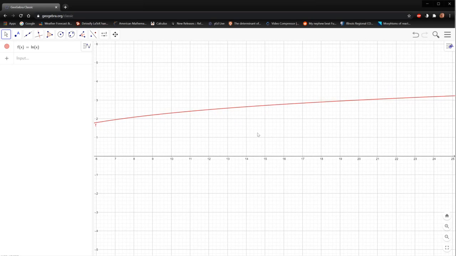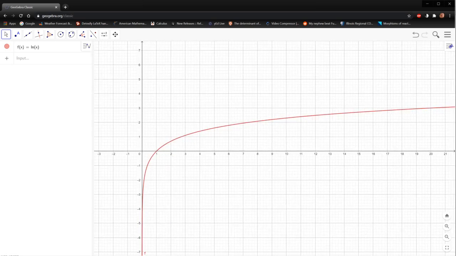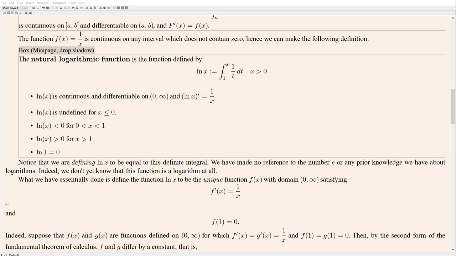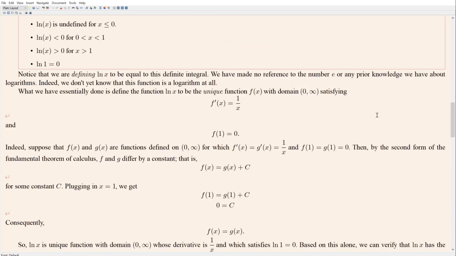It's a bit harder to tell, but as it happens, as we go out to positive infinity, this function actually does grow to positive infinity. It looks like it may be approaching a horizontal asymptote, but that's actually not the case. This does go to positive infinity, albeit very, very slowly. And we can prove that without much difficulty.